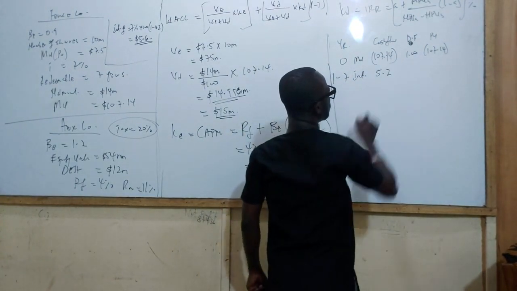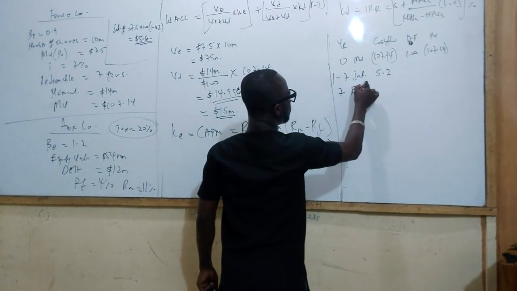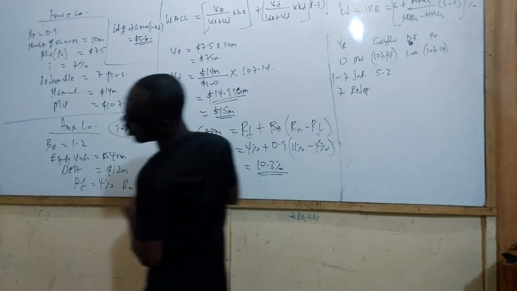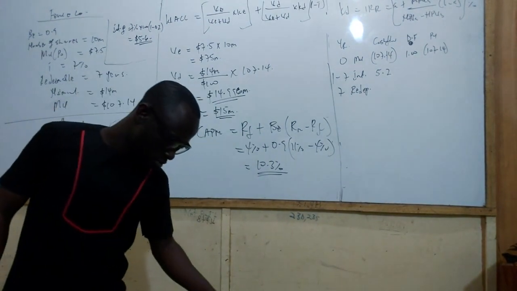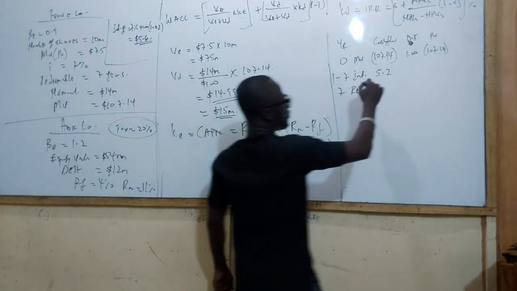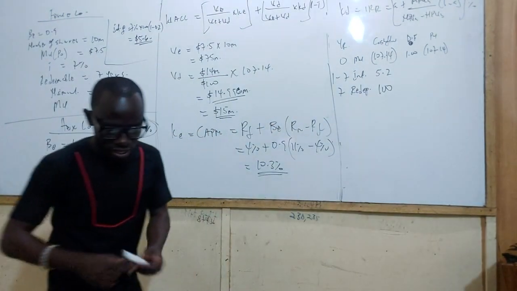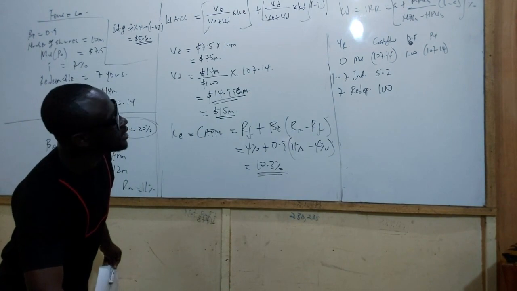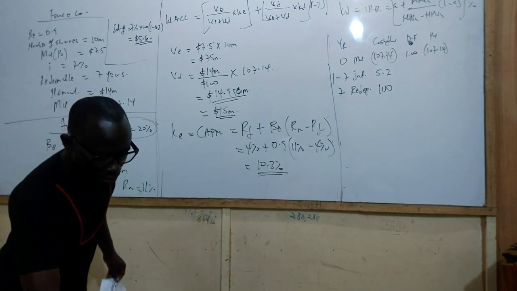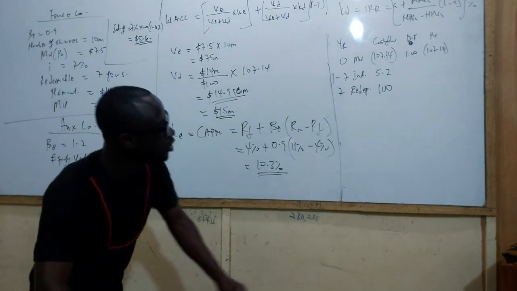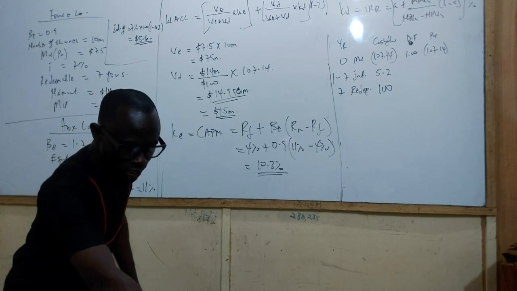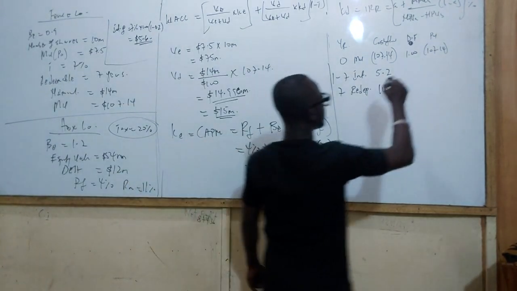Then in the 7th year, the bond will be redeemed at what? Nominal value, so 100. So let me do the discounting. Where do we read the interest? On the annuity table. When I go to my annuity table, 10% for the 7th year is 4.868.